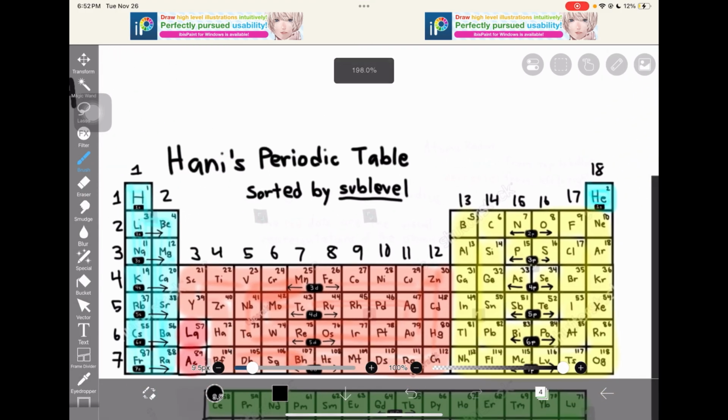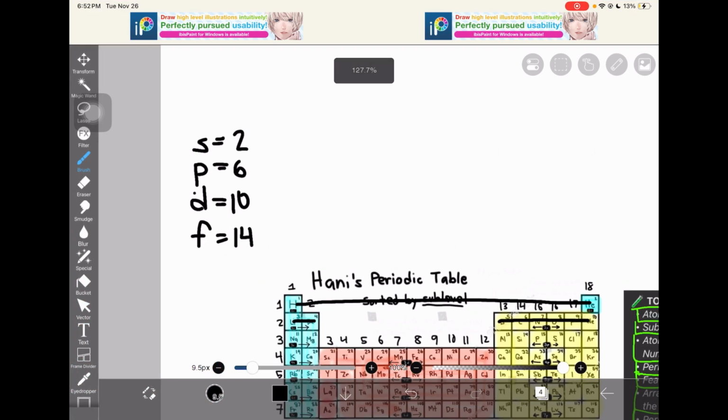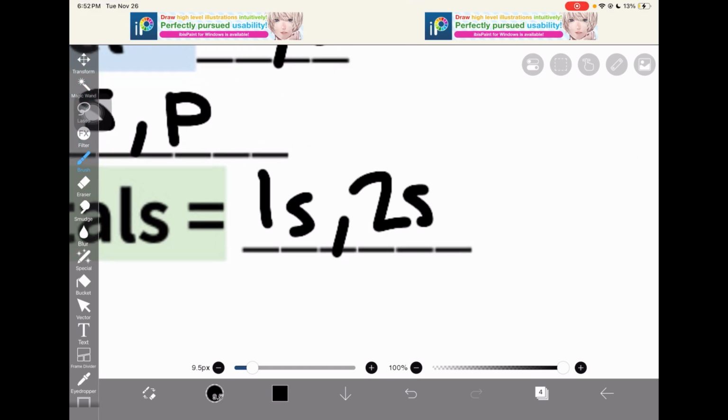Once again, let's pay more detail now. 1s for H and helium, 2s for lithium and beryllium, and then finally 2p for boron all the way to neon. That means we passed by 1s, 2s, and 2p.